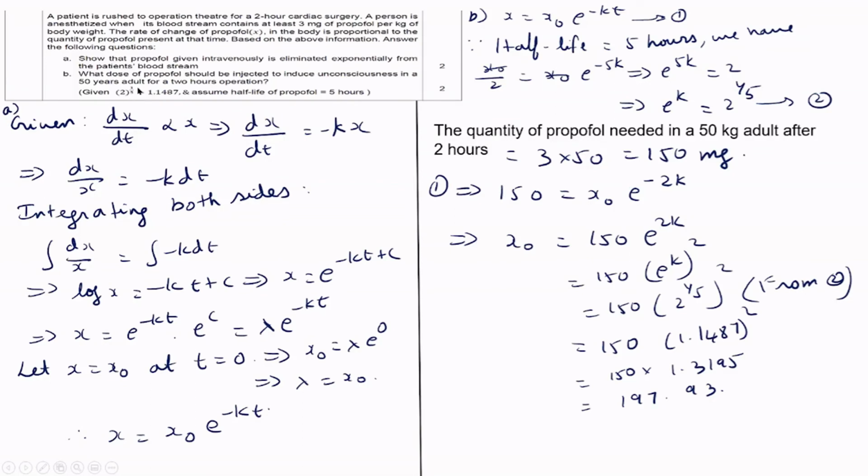So the amount of propofol which should be injected to induce unconsciousness for a 2 hours operation in an adult whose weight is 50 kg is 197.93. Therefore, the required dose is equal to 197.93 mg.